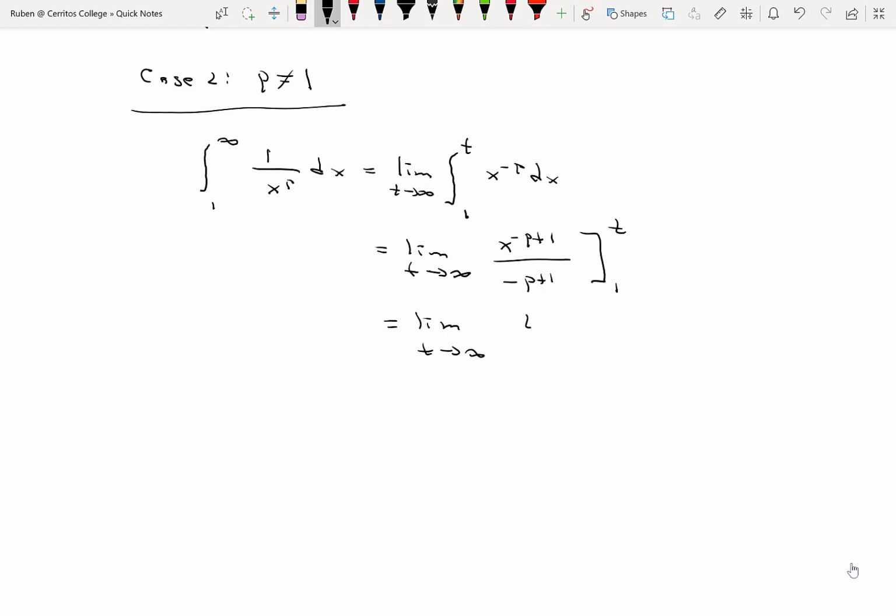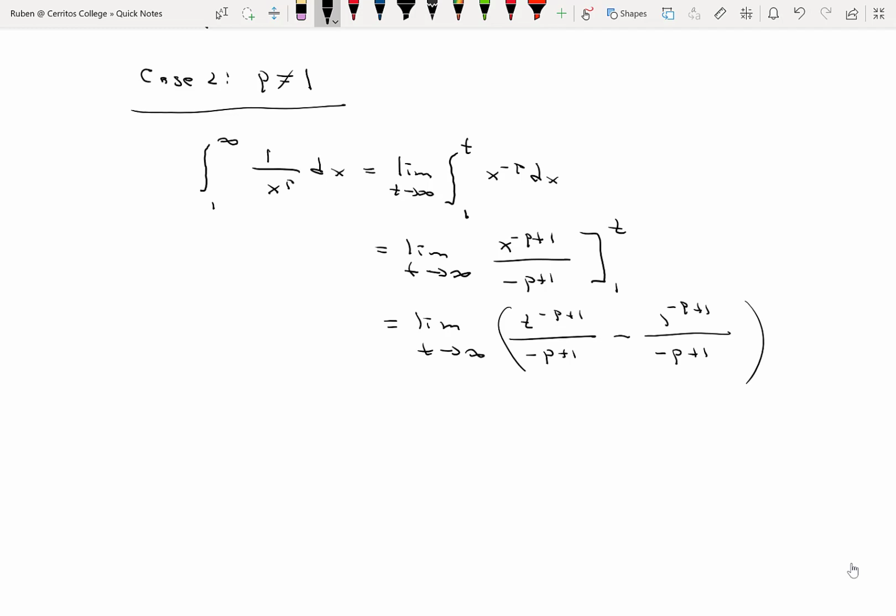Let's perform this integration. This is t to the negative p plus 1 over negative p plus 1, substituting x as t, minus 1 to the negative p plus 1 over negative p plus 1. Then we take the limit as t approaches infinity. This limit looks very complicated at first glance, but there's nothing really complicated going on here. The number t is not changing here; it's constant in this limit.